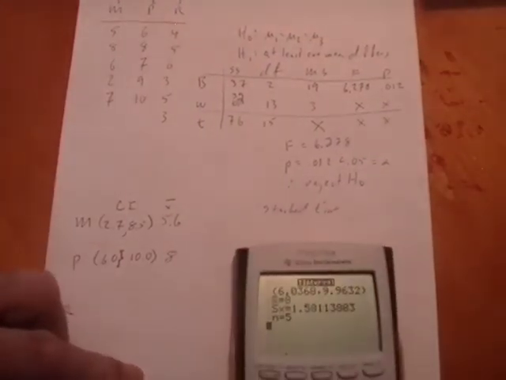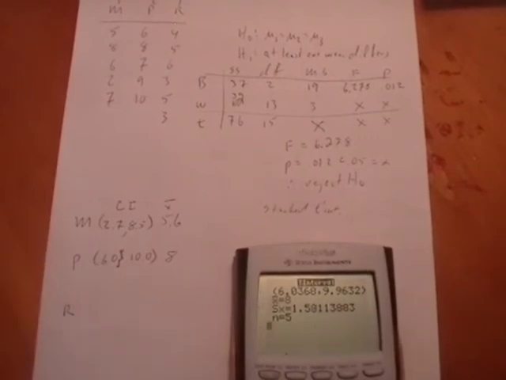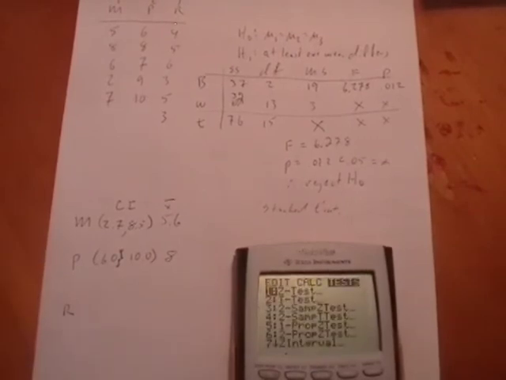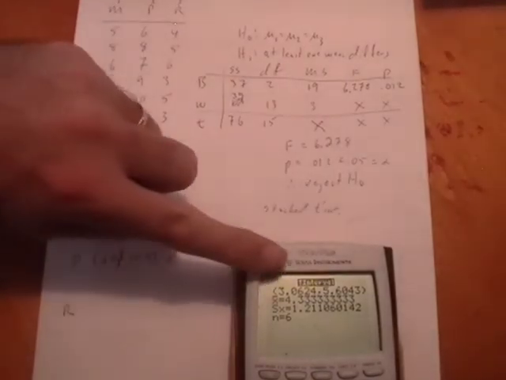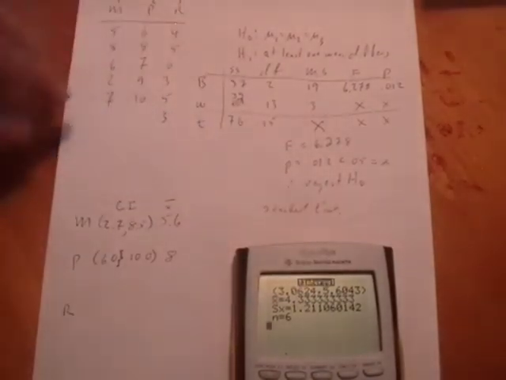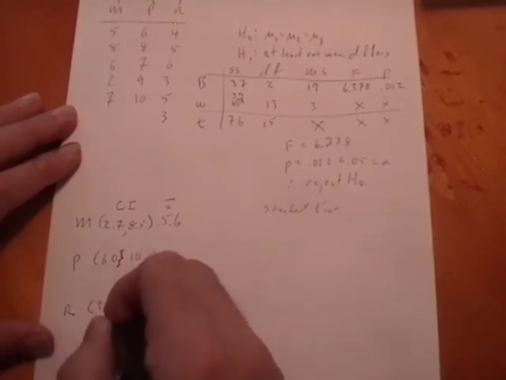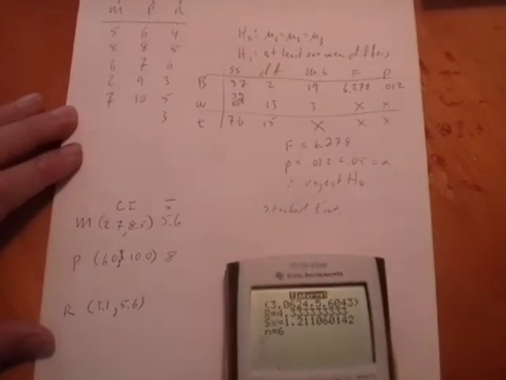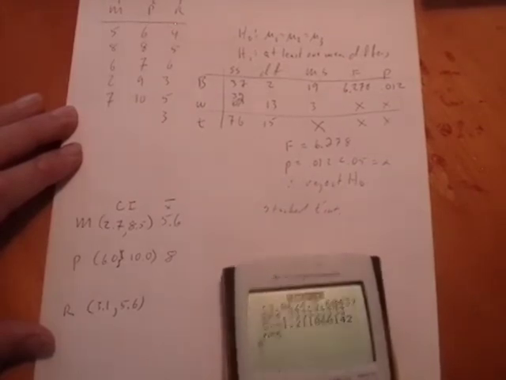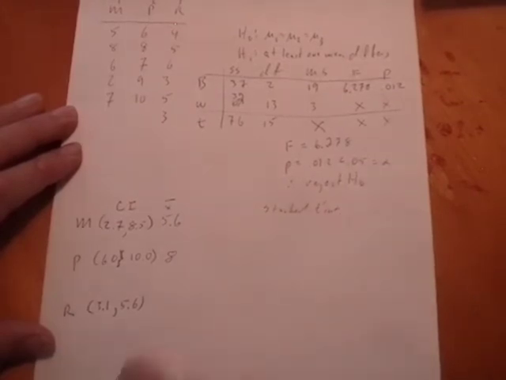And one more list to go. Stat, test, 8, switch to list 3, and nothing else. 3.1 to 5.6. The mean, 4.3 repeating, 4.3.